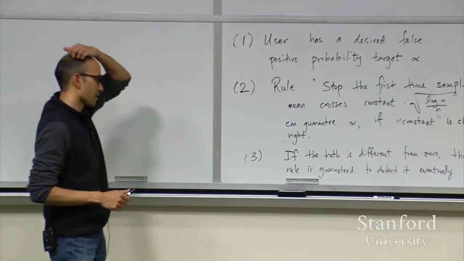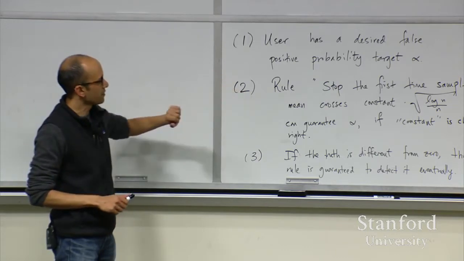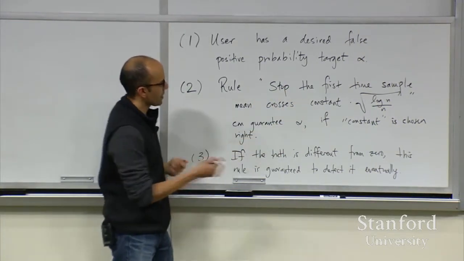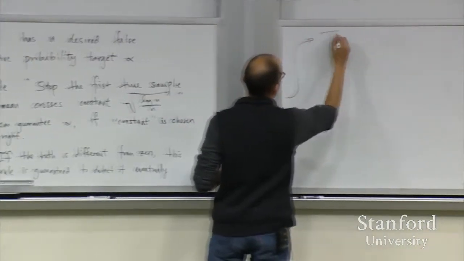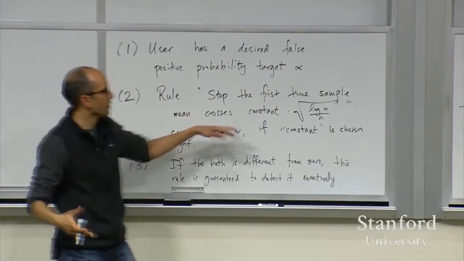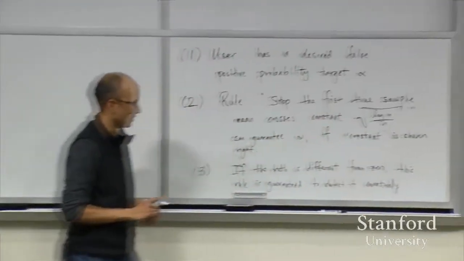So the first one is, how do we get p-values out of this? And the way we get p-values is that we give this time a name. Let me call this time T alpha. So T alpha is exactly this time here. You fix alpha, and then it gives you the first time you would stop. What's the first time that this boundary gets crossed, with the right constant being chosen based on alpha.